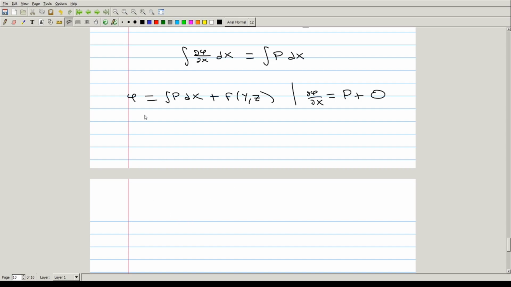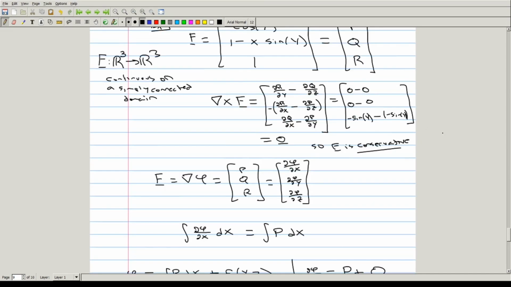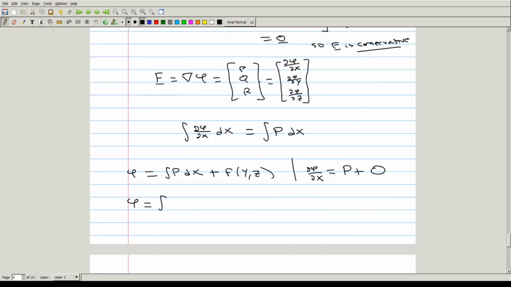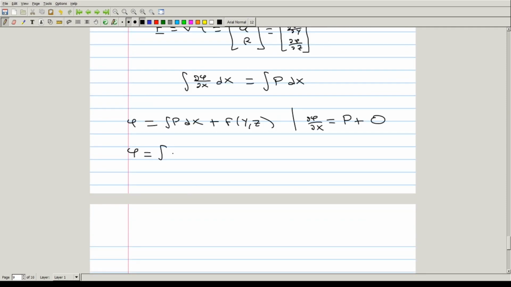So specifically, this is telling us then that phi is equal to the integral of p, and p is the function cosine of y, dx, plus some function of y and z.